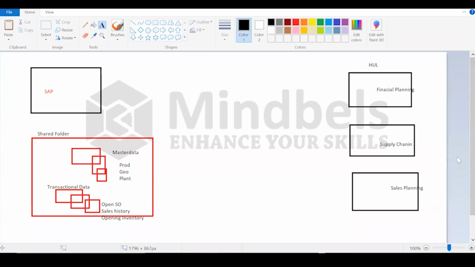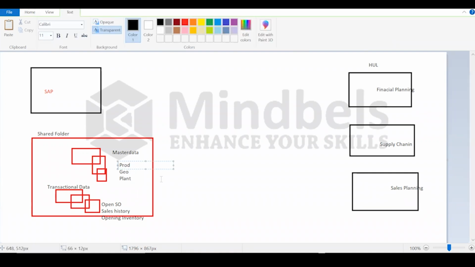Right. Now, what I'm trying to do is, this is my master data. The master data is product and geography data. And similarly, production data, that means products data. So all these products that I am using in this financial planning analysis model, the same products I can use in supply chain and the same products I can use in sales planning. Correct? Yes. That is called connected planning.